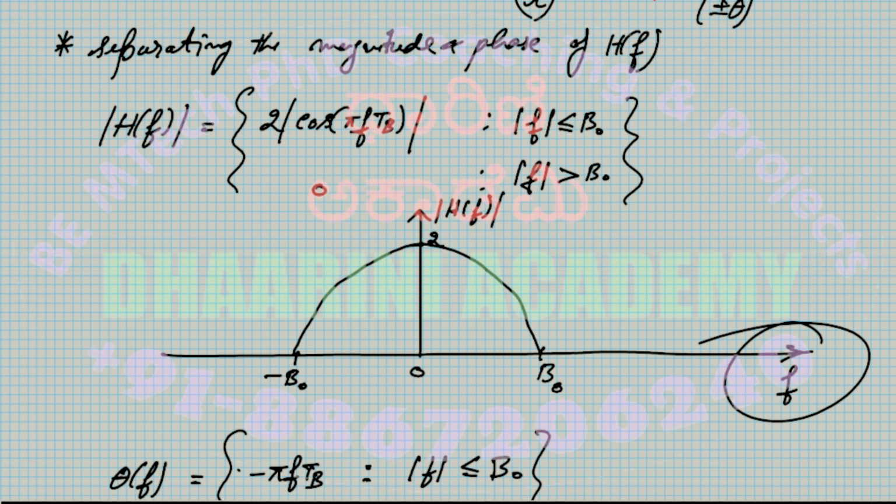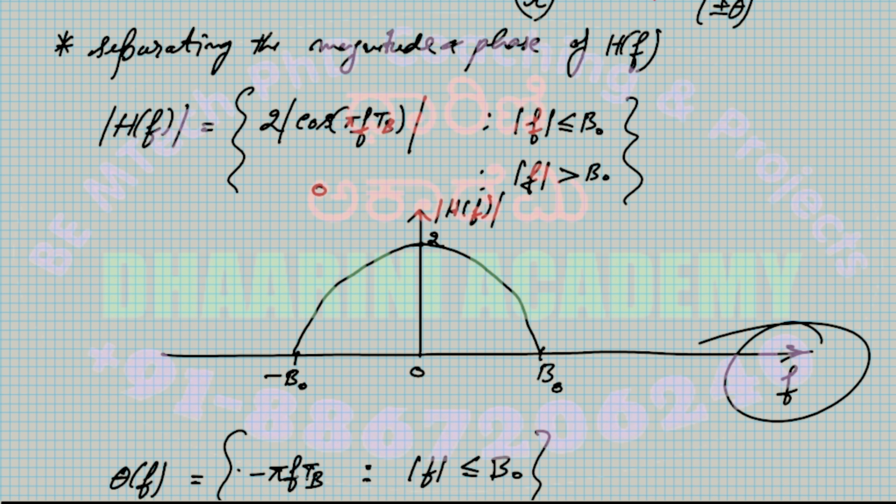So it will reach 0 at B naught as well as minus B naught. The cos function is an even function, in the sense that whatever you have on the left side of the y-axis should be there on the right-hand side. So that's why we get this kind of graph. This is the magnitude response of the H of f.